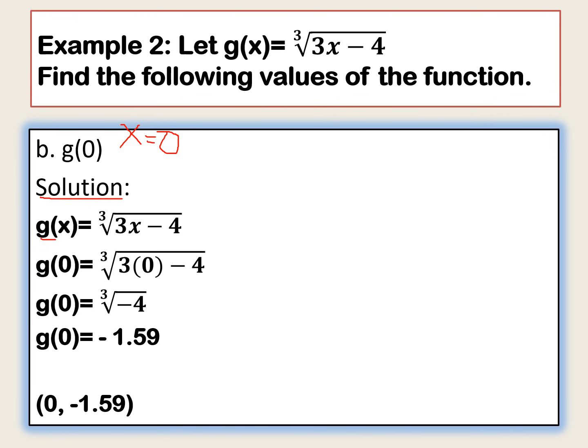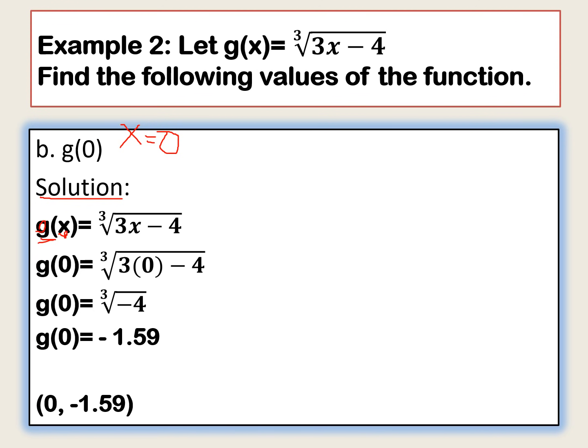Ulitin ko lang that the name of the function g, pwedeng magbago yan. Okay? Depende sa nagamit mong letter. Pwedeng f of x, pwedeng n of x, pwedeng v of x, pwedeng m of x, kahit anong letter for the name of the function, that's okay. As long as hindi nag-i-interchange ang independent variable at ang dependent variable. Okay.